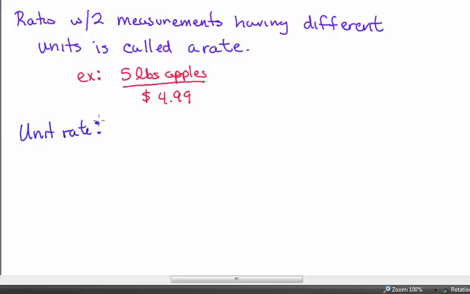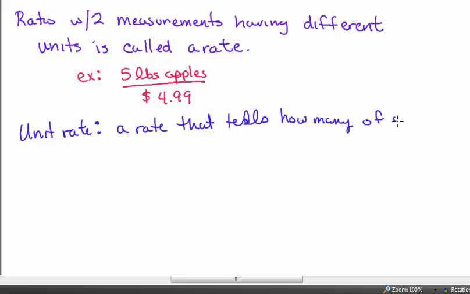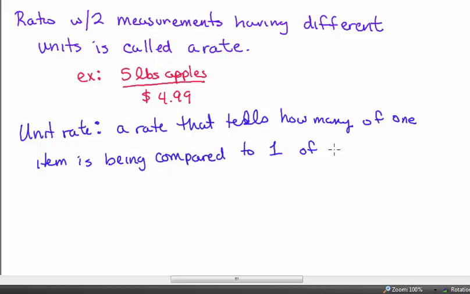A unit rate is a rate that tells us how many of one item is being compared to one of another item.